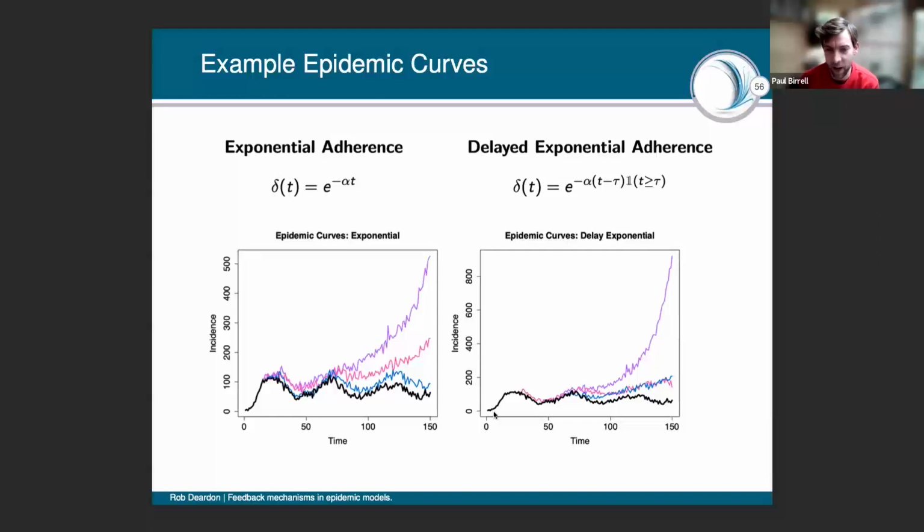You mentioned you've got quite a broad smoothing window for the incidence data. What effect do you think that has on your ability to identify that tau, the delay period? That's a good point, and I haven't really thought about that.